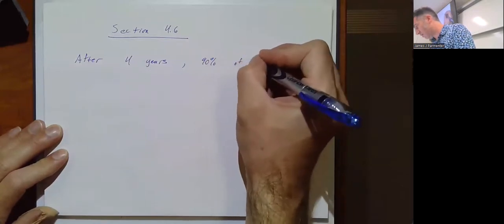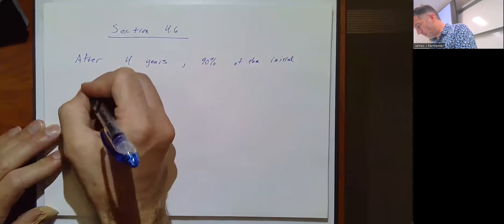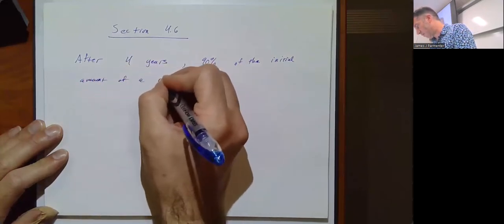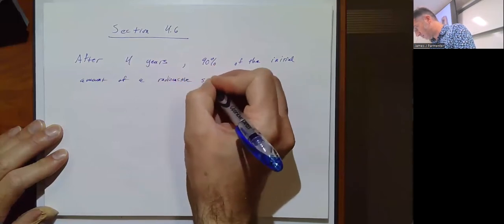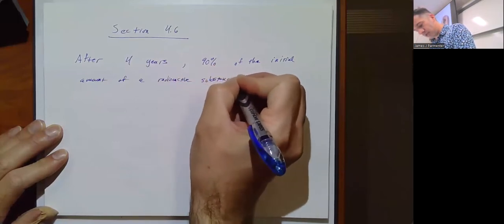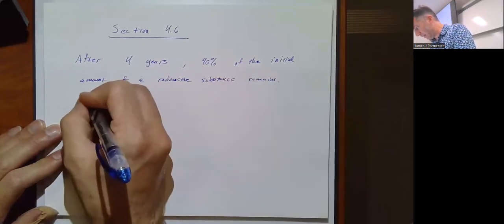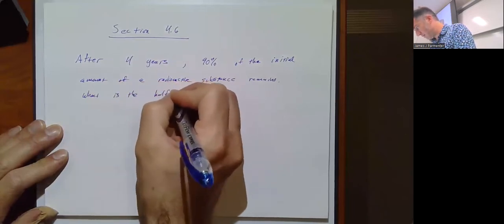No, that's not that slow. Of the initial amount of a radioactive substance, blah, blah, blah. And we don't really need to read all these words. Substance remains. What is the half-life of said substance?